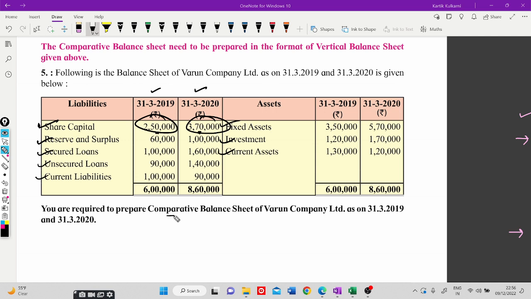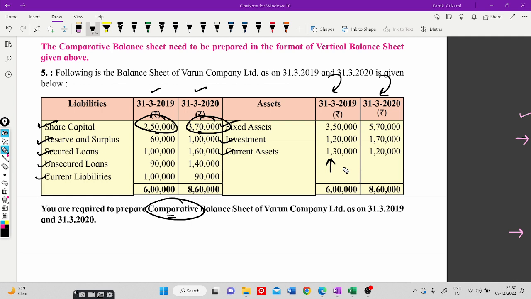So naturally, when we are comparing the data, we need data for 2 years. Then only we can compare the data. If only 1 year data is given, we cannot compare. To compare anything, we need 2 consecutive data.